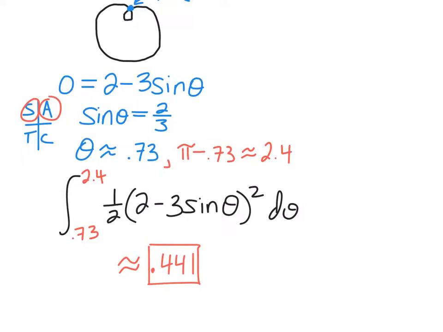I forgot to square it. Ah, there you go. All right, so 0.441 would be the area. And scale-wise, it seems reasonable. It's a small loop, so it should be a small number. Not going to bother trying to go to an exact form because I'm working with estimates on the bounds, so that's perfectly fine.